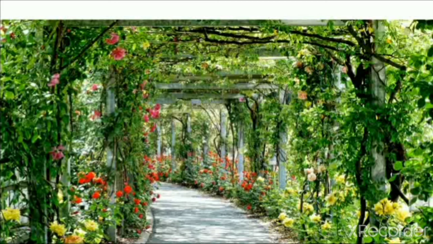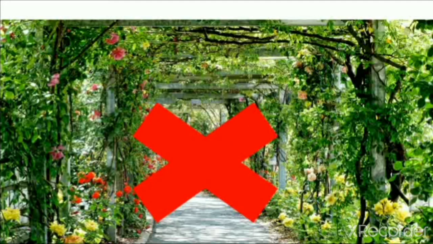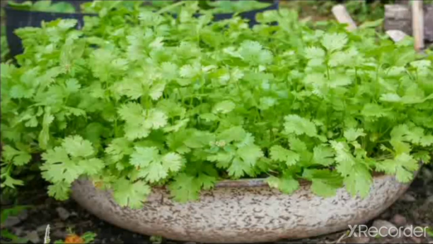No. So watermelon cannot grow like climbers. So watermelon cannot grow here, muskmelon cannot grow. Then where does watermelon grow? Maybe it grows in a pot like coriander, but watermelon is very big, so we cannot grow watermelon in a pot like coriander.